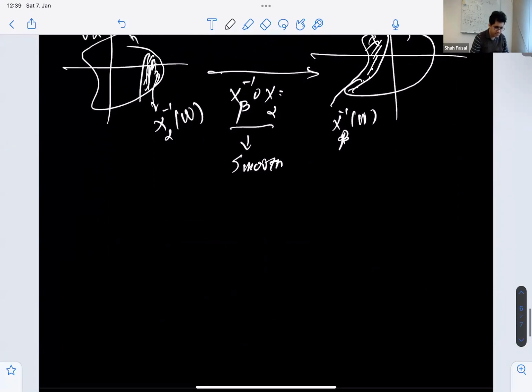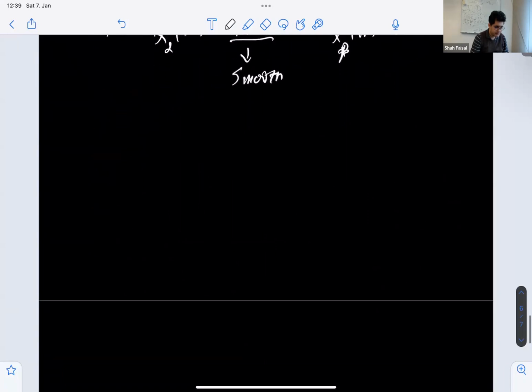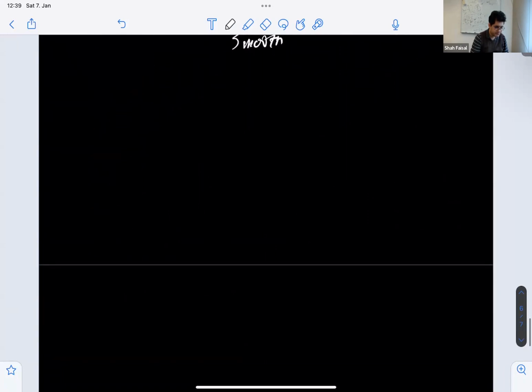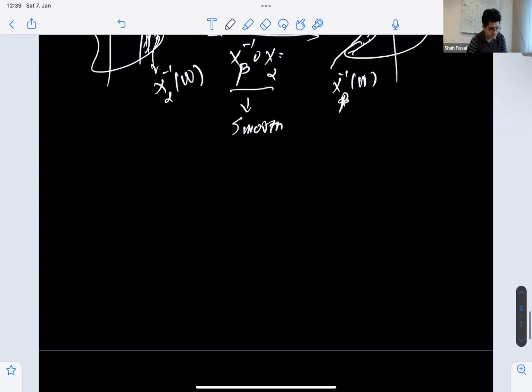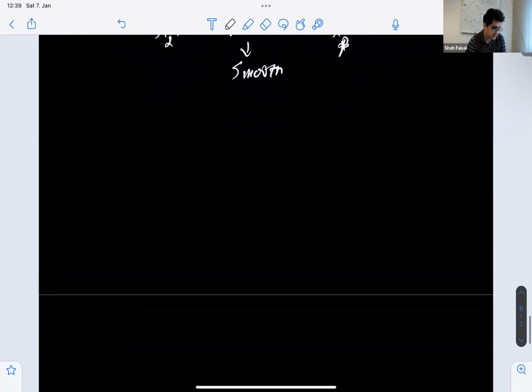So let me give you some examples. But maybe before I go to examples, I tell you that the definition of differentiability I gave you above is well defined, so it doesn't depend upon the choice of your function.